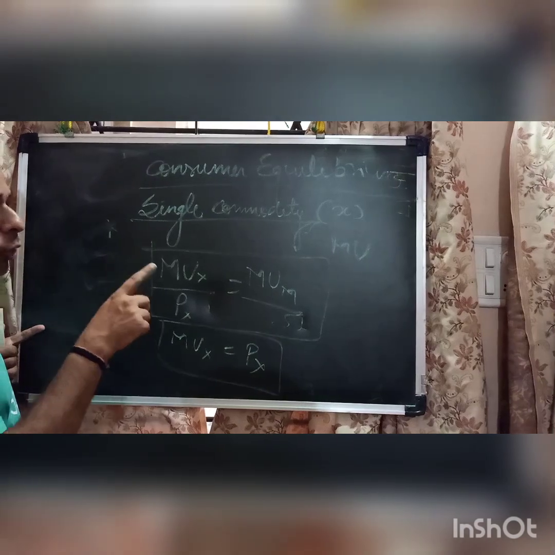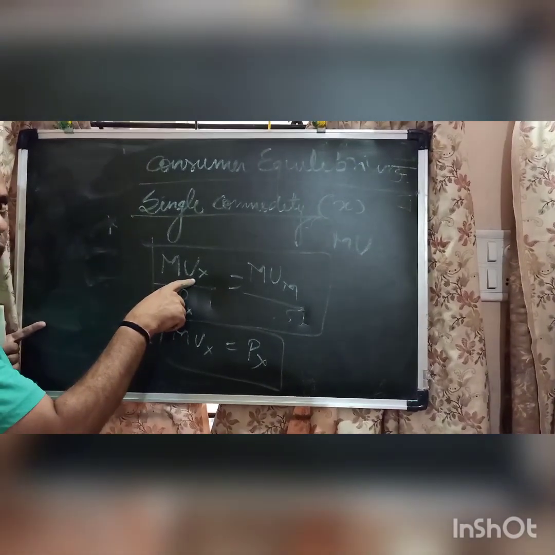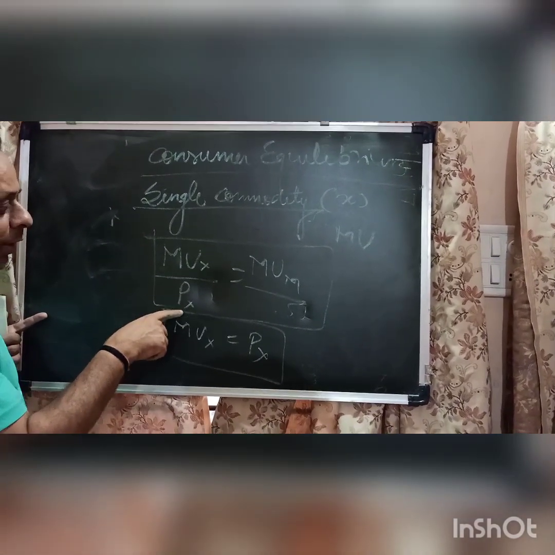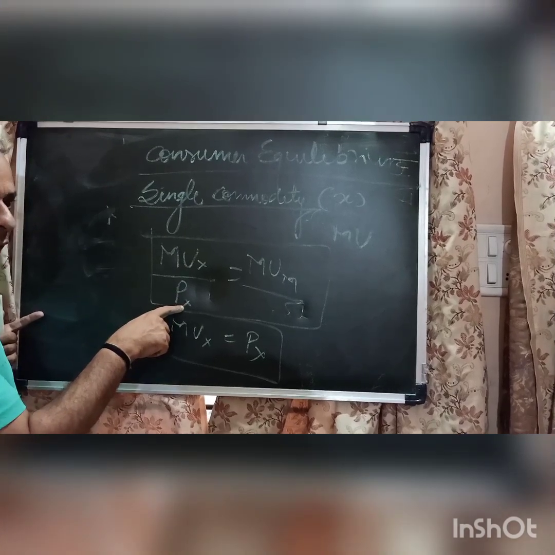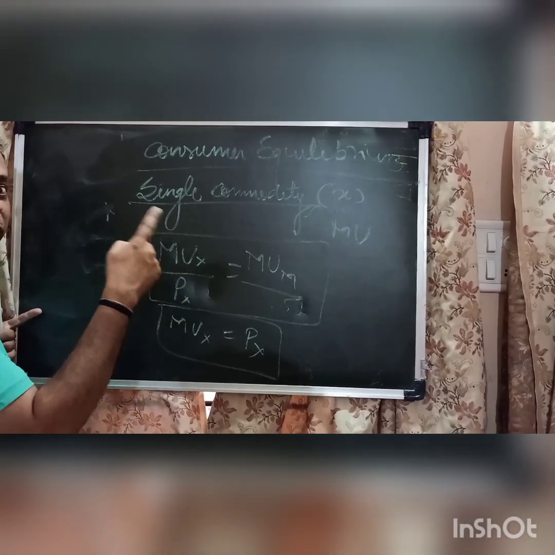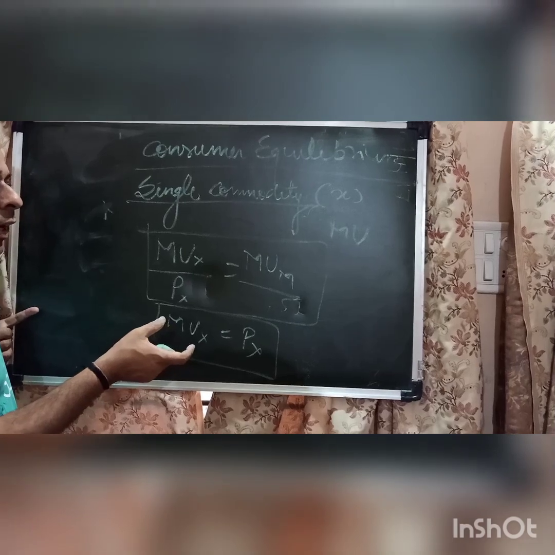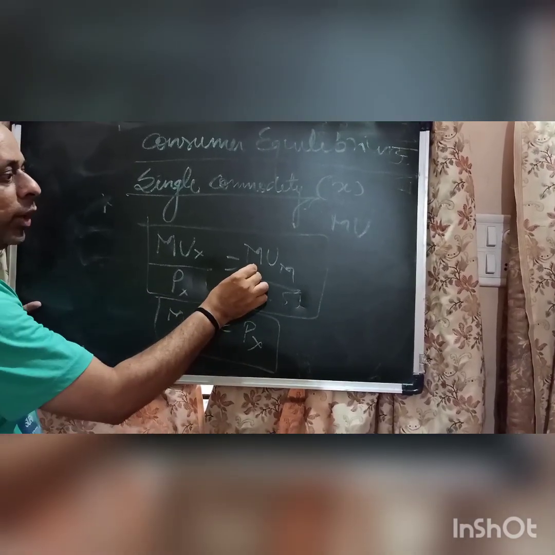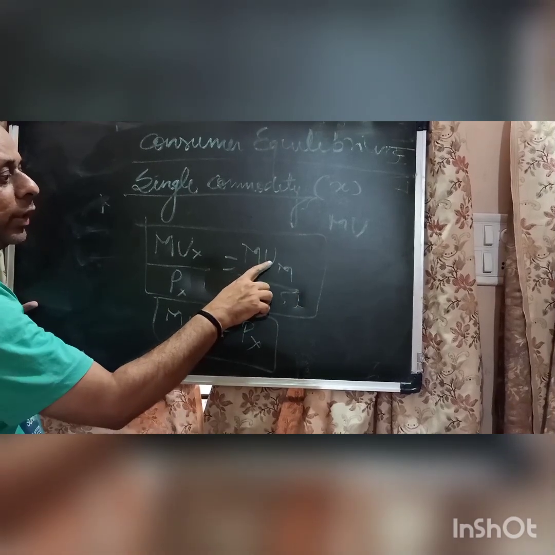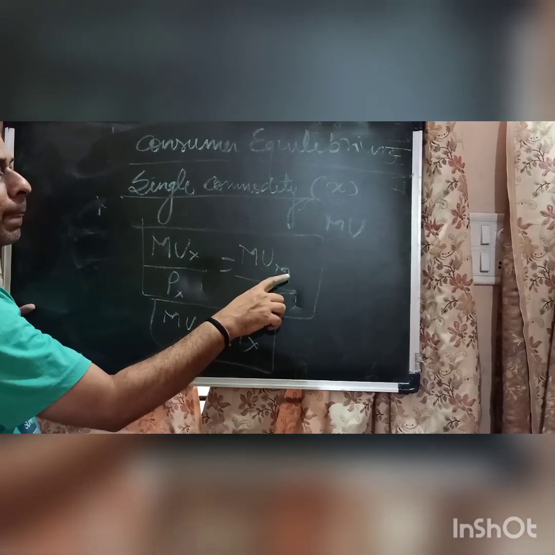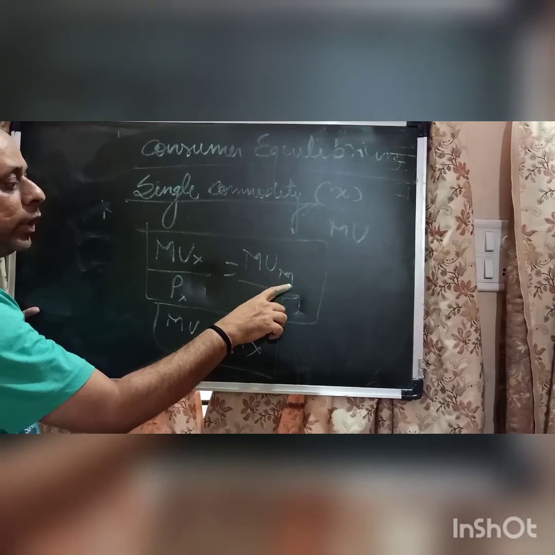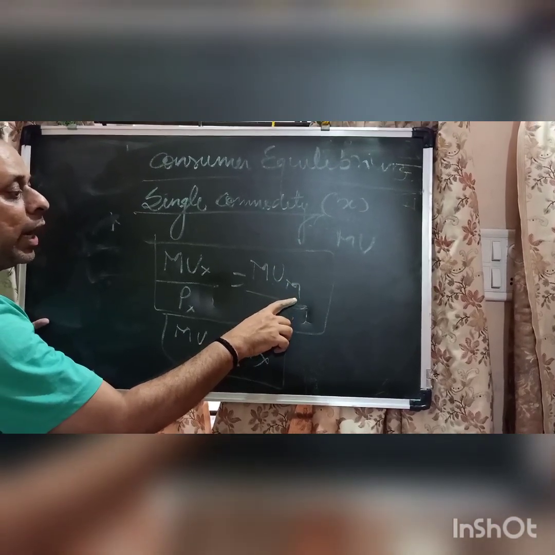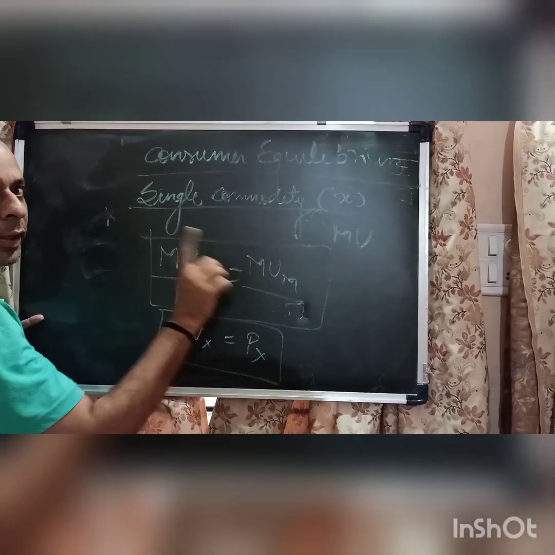So that 5 utils is MUX, when it is divided by 1, it will remain 5. That 5 means out of the given income how much utility we can derive. It is known as MUM. So marginal utility in terms of money means how much utility we can derive out of the given money income.